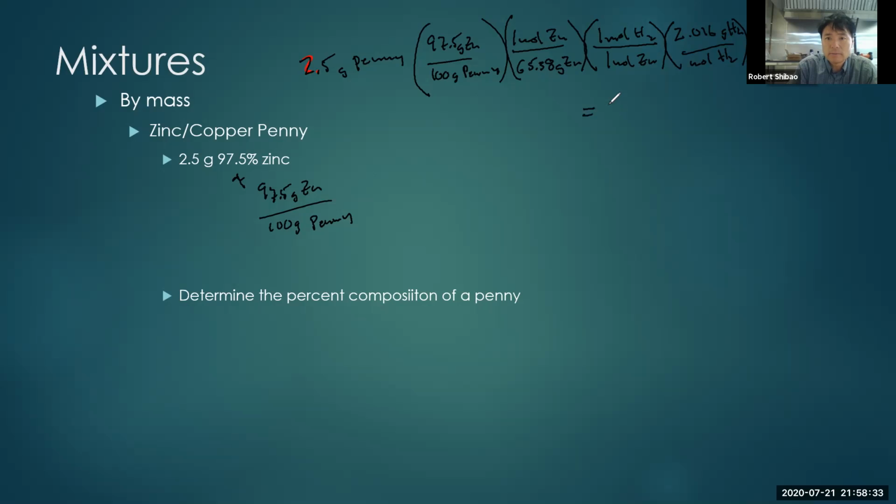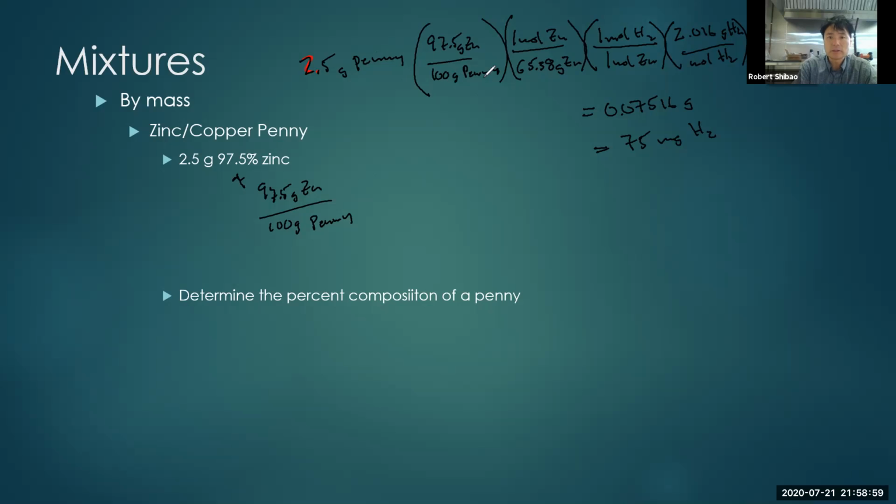So not that many, 0.07516 grams. This is because hydrogen doesn't weigh much. We only allowed 2 sig figs, and so this is 75 milligrams of hydrogen gas produced.